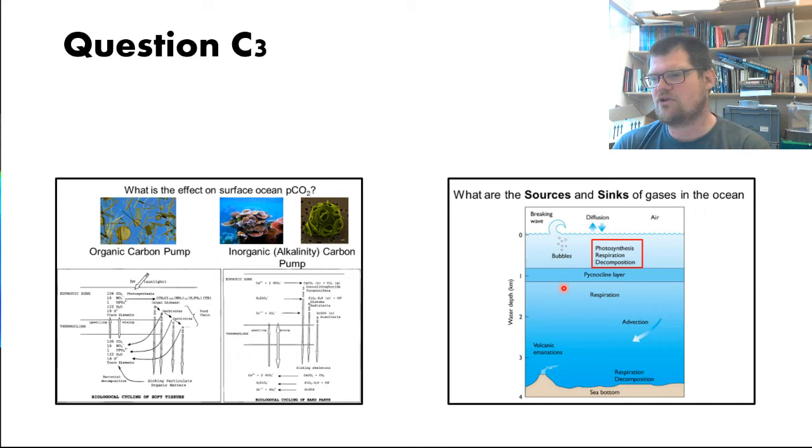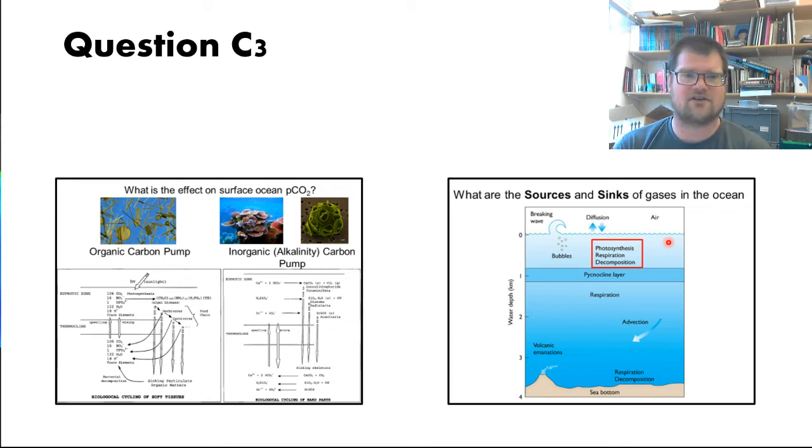Another bit that most people got, but a few people missed out on, is that this diffusion in and out of the water is also an important control. This is Henry's law: the concentration in the atmosphere is equivalent to the partial pressure dissolved in the ocean times a solubility constant.